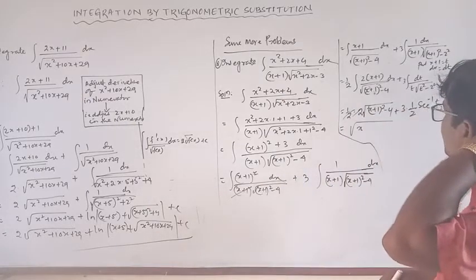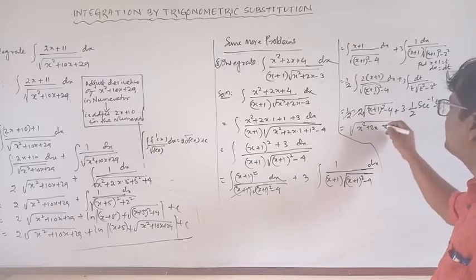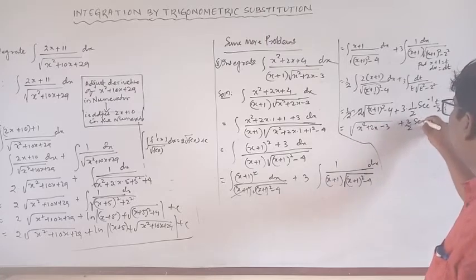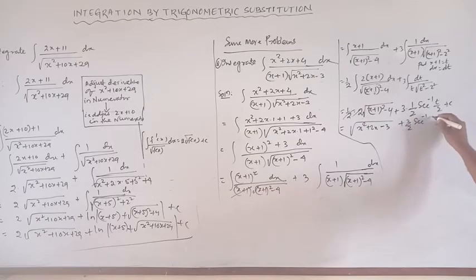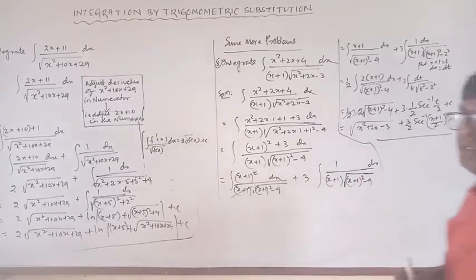It is equal to x square plus 2x plus 1 minus 3, and this is 3 by 2 sec inverse. What is t here? t means x plus 1, (x plus 1) by 2 plus c. This is the answer. Okay. Now another question.